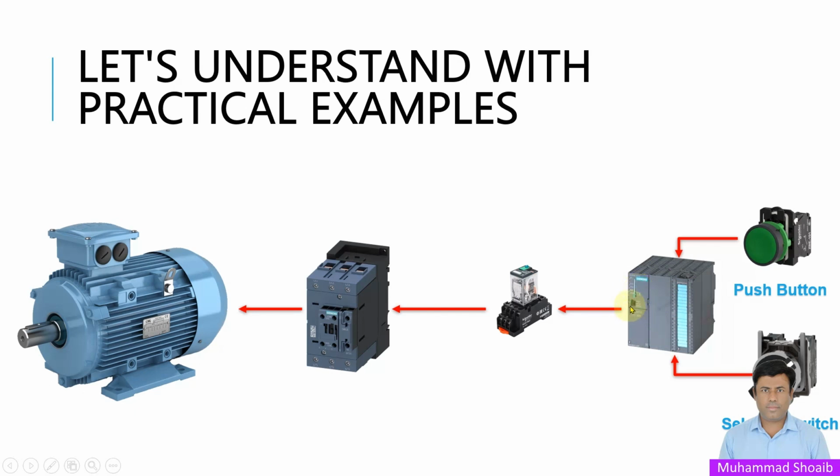That PLC output will turn on the relay, and once the relay is energized, it will energize the magnetic contactor, and this magnetic contactor will turn on the motor. If we have some panel lights, we can directly turn them on and off through the relay.